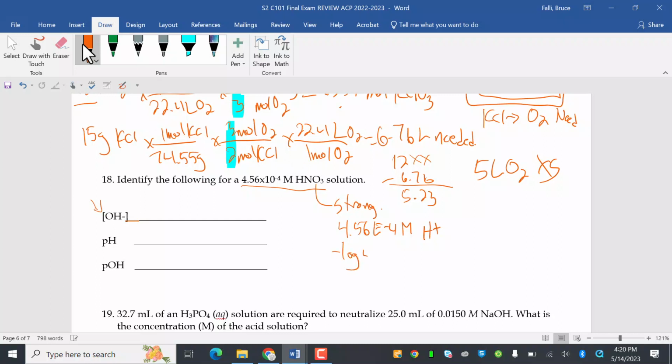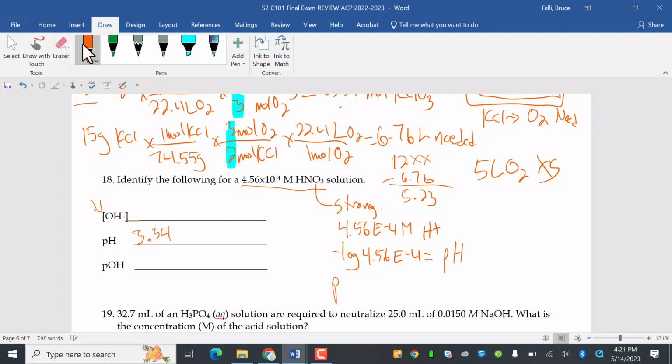Negative log 4.56 E negative 4 is going to be 3 point something. Negative log 4.56 E negative 4, enter, 3.34. That equals pH. Remember, pH equals negative log H, and that's on that equation list that we have.